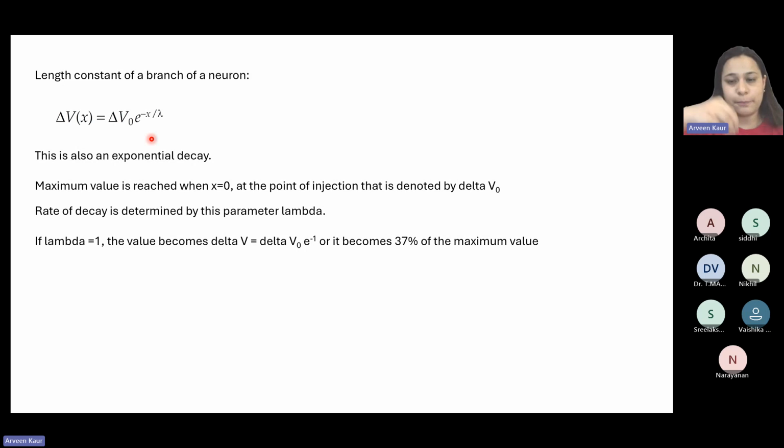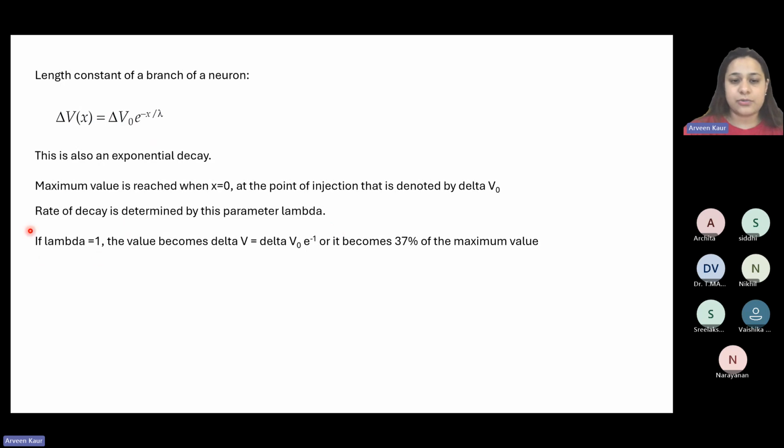So the point where the injection is going to happen is x is equal to 0, right? At that point, the maximum value of V will be present, and this is denoted by delta V naught. The rate of decay is determined by this parameter lambda, which is the length constant.